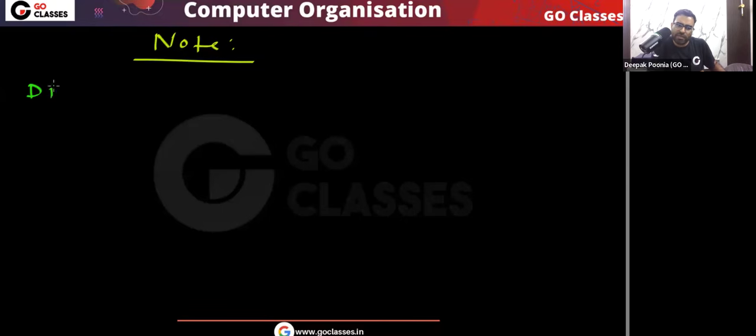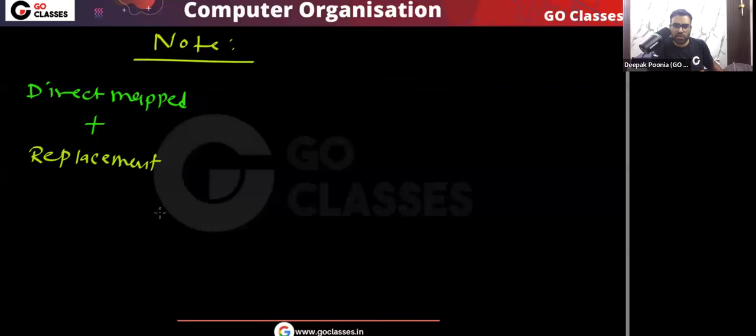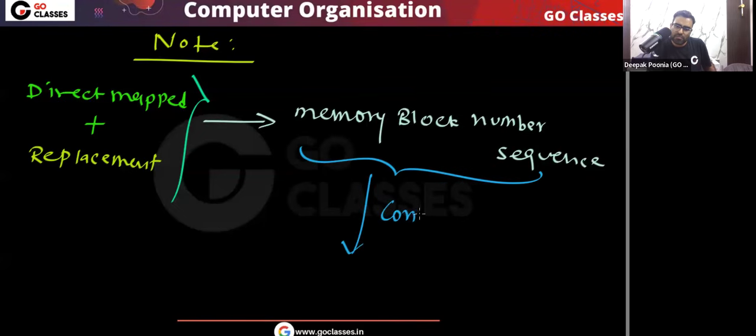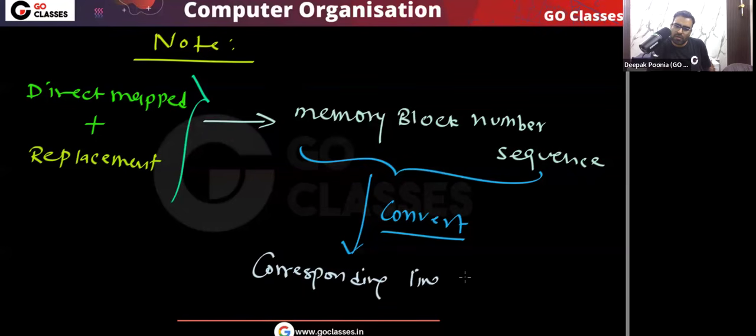Whenever the question is related to direct mapped plus block replacement, in this type of question, if the main memory block number sequence is given to you, then you convert it, or you write the corresponding line number sequence.